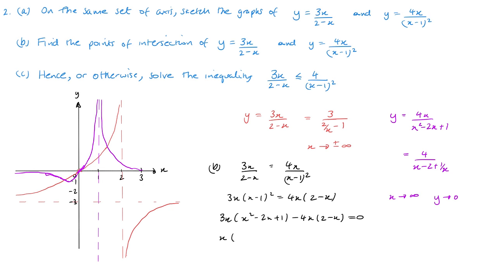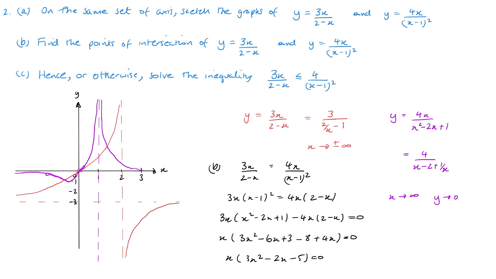Factorize out the x, so we get 3x squared minus 6x plus 3 minus 8 plus 4x. So that's x, and then we've got 3x squared minus 2x plus 5. Sorry, that's minus 5.